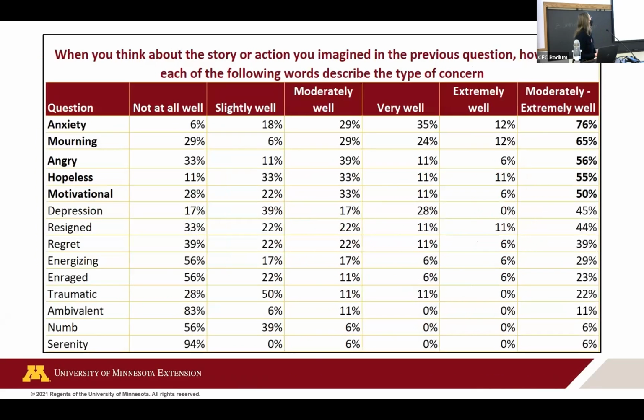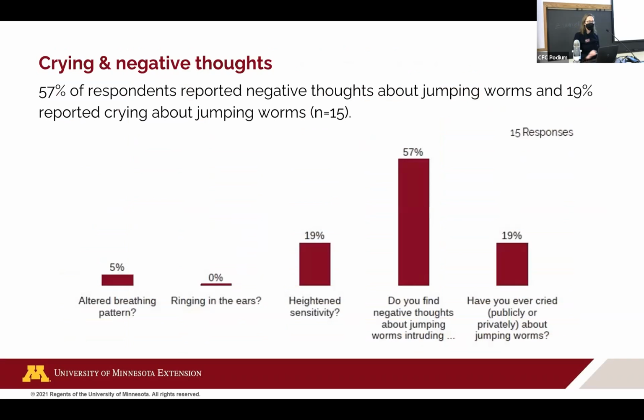So I feel like you guys might be data people. And so this is some of the data. The far right-hand column is the combinations of columns, moderate well to extremely well. It's a summary. And you can see on the left, the 5 bolded ones were over 50% in that combined column. So as you can see, anxiety, 76% for reported anxiety, mourning, anger, hopelessness, and motivational changes. So interesting. They're like, now there's data.